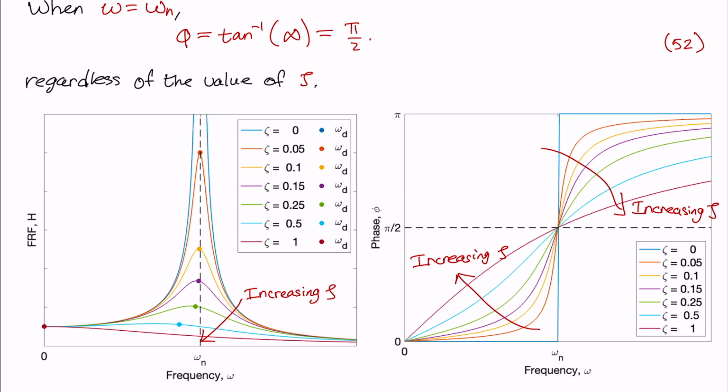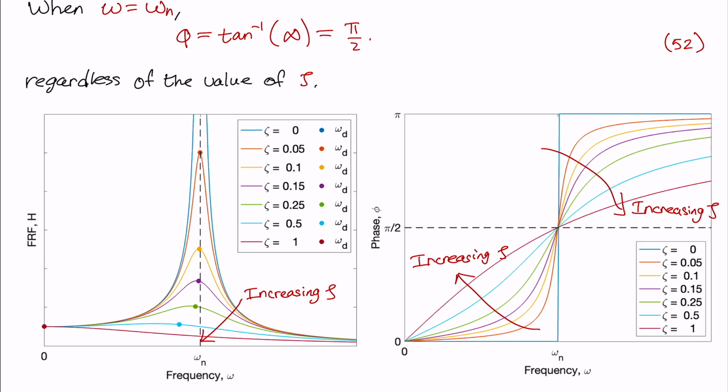Okay, so looking at the FRF first, the first curve in blue is for 0 damping, and this is where it truly goes to infinite response at the natural frequency. And then we're going all the way from zeta equals 0.5 up to zeta equals 1, which is a critically damped case.